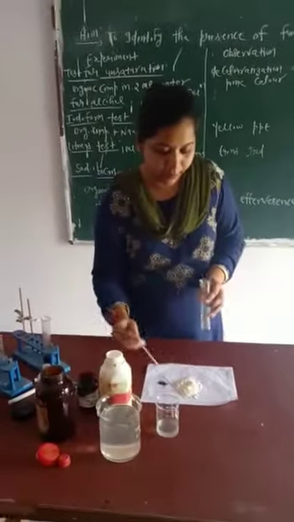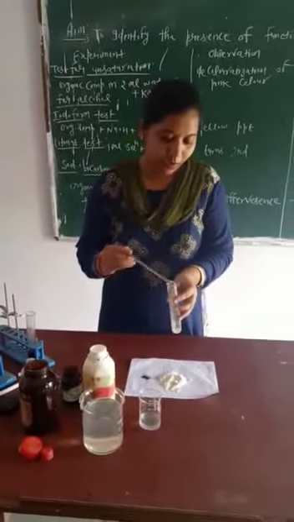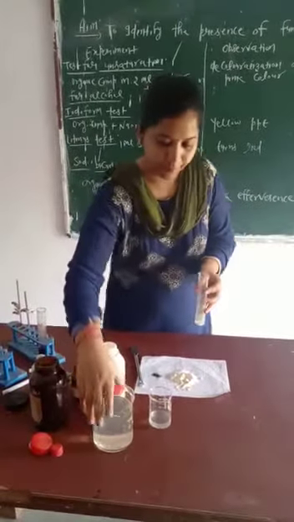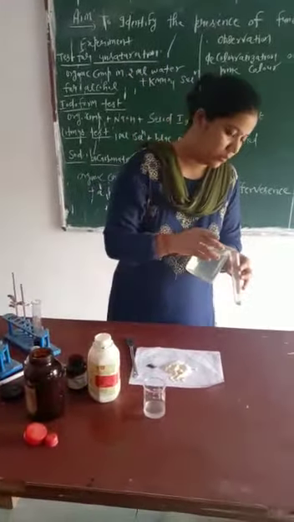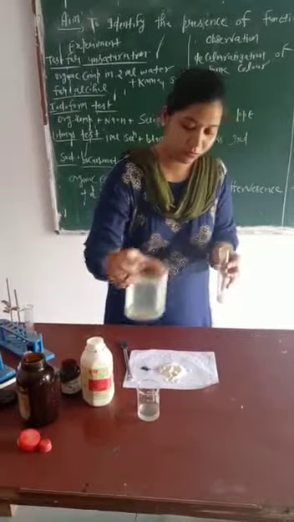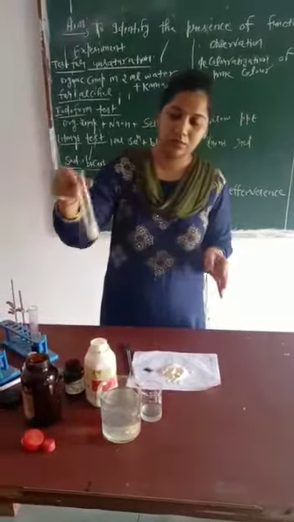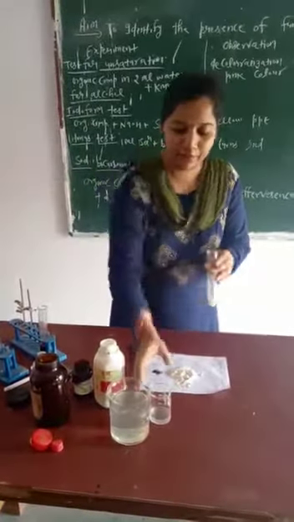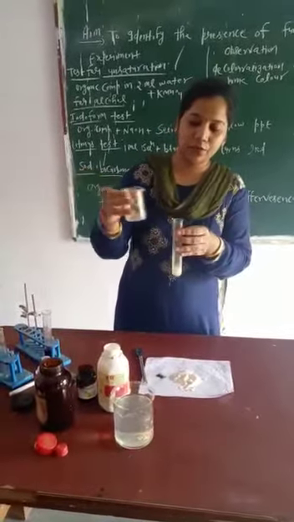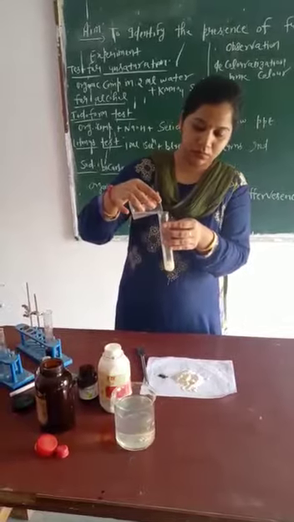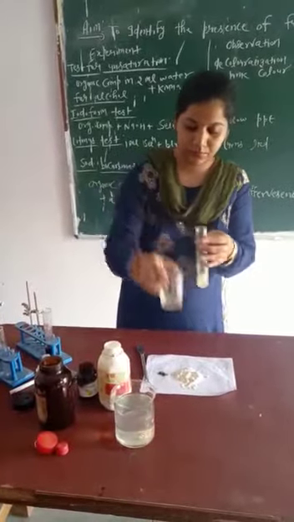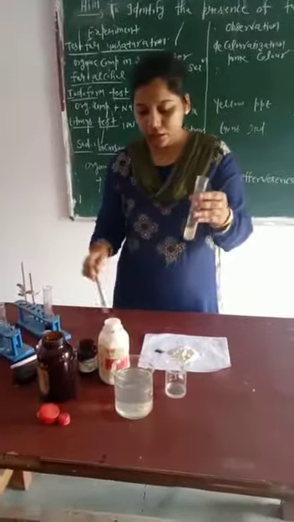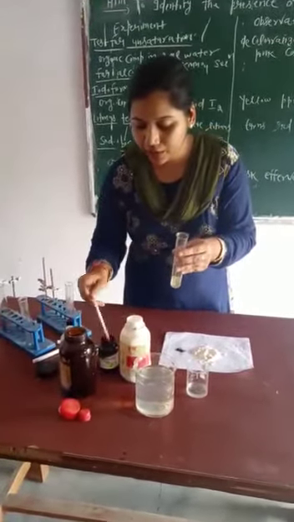First of all, we will take again the organic compound. Its solution by adding water. We will add sodium hydroxide solution. And now we will add solid iodine with the help of a spatula.